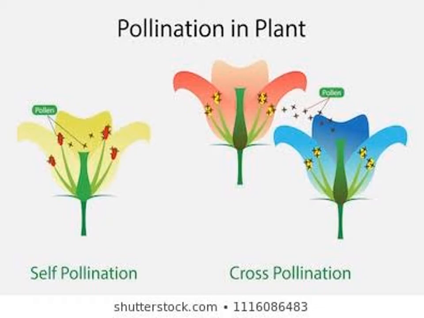So the self-pollination occurs when the pollen from the anther is deposited on the stigma of the same flower or another flower on the same plant. And cross-pollination is the transfer of pollen from the anther of the one flower to the stigma of another flower on different individual of the same species. So the main differences.